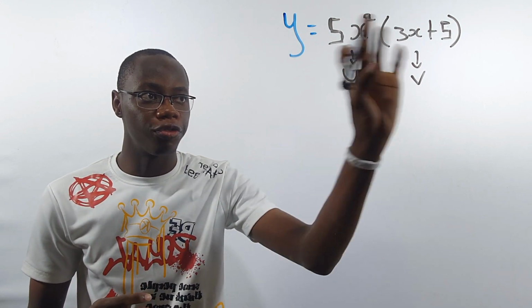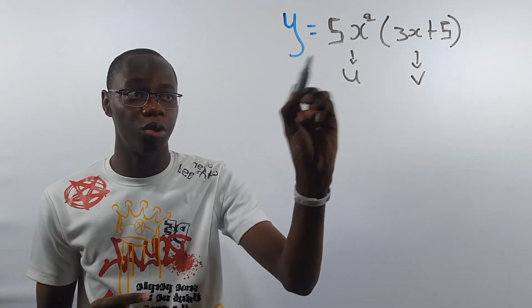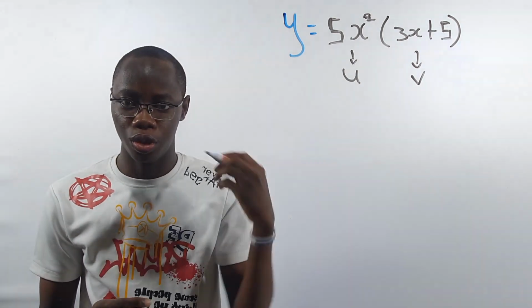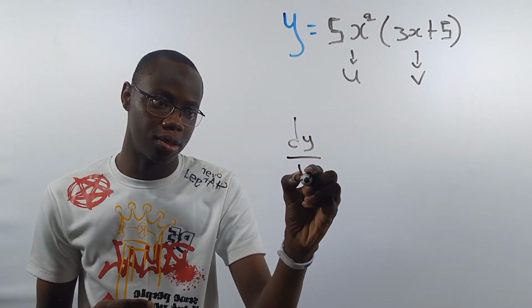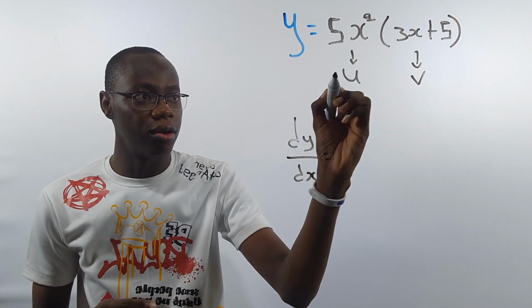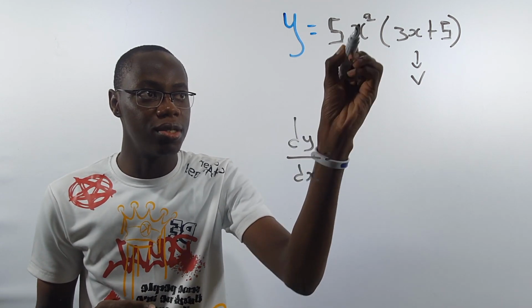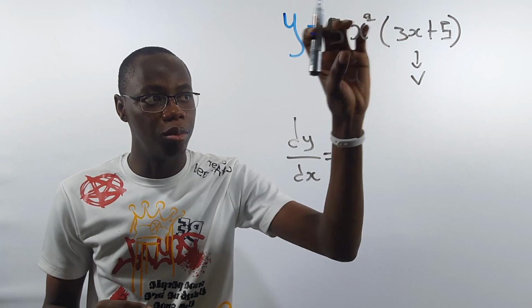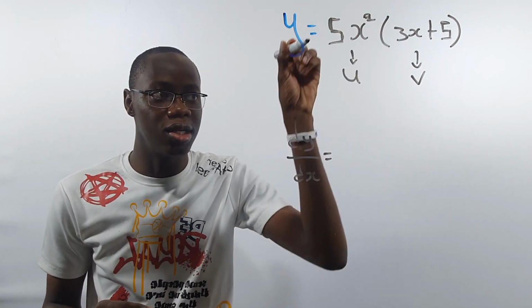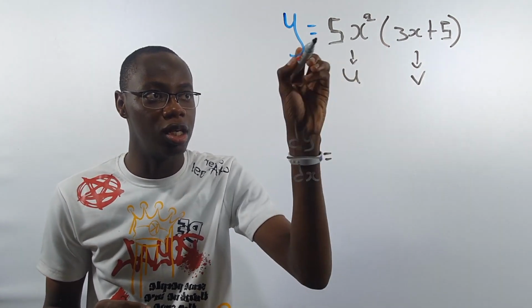So we already know that we need to use the product rule here, and we need to find dy over dx. To do this, all you need to do is differentiate the first, u, and multiply it by the second, leaving it the way it is, then plus differentiate the second and leave the first the way it is.